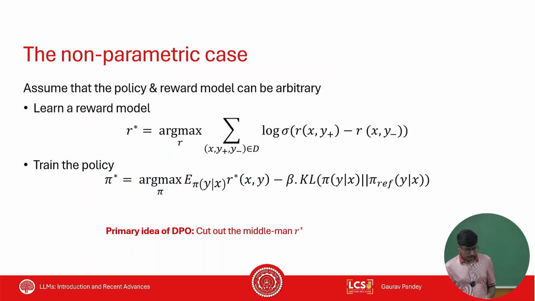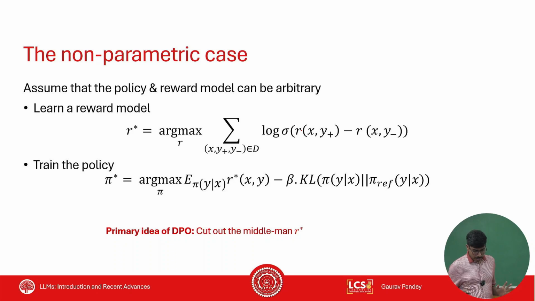Okay, so the first slide that I showed you had parameters for the reward model and parameters for the policy. Now consider a case where you can learn any arbitrary reward model. You don't have the limitation in terms of your optimization algorithm or your parameterization.